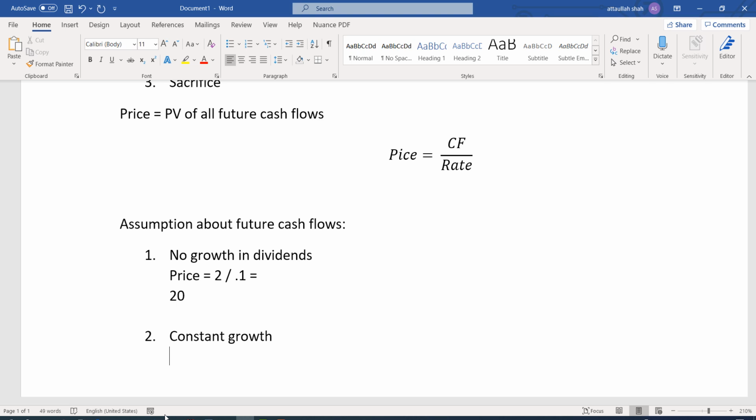So if the growth rate is 2%, we assume that the dividend will grow at 2% each year. This assumption might make sense for those companies which produce necessities, products that have a demand which increases with the rate of population. So if the population increases, the demand for that product increases.